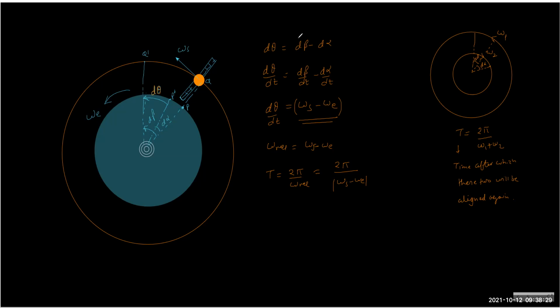So the general answer will be what? So alignment of points P and Q will occur after integral multiple of what?